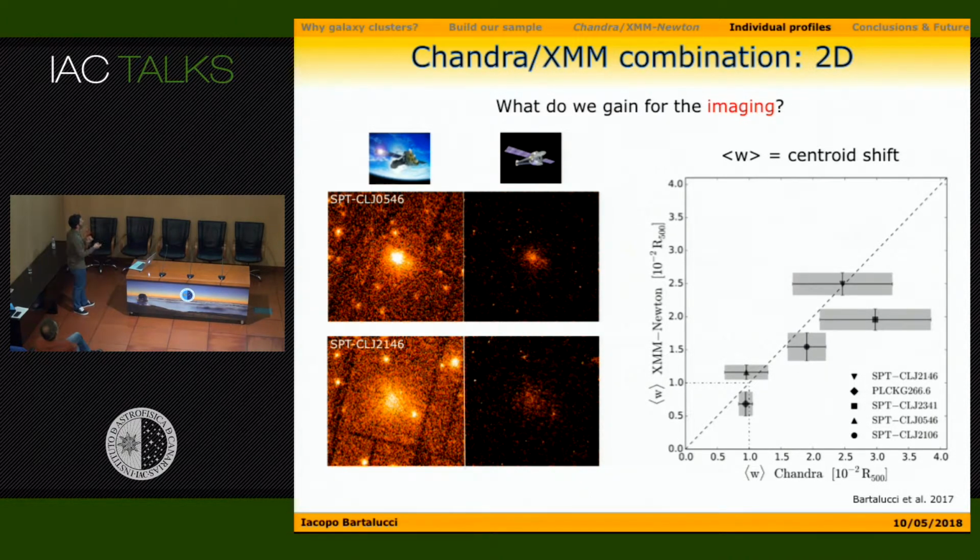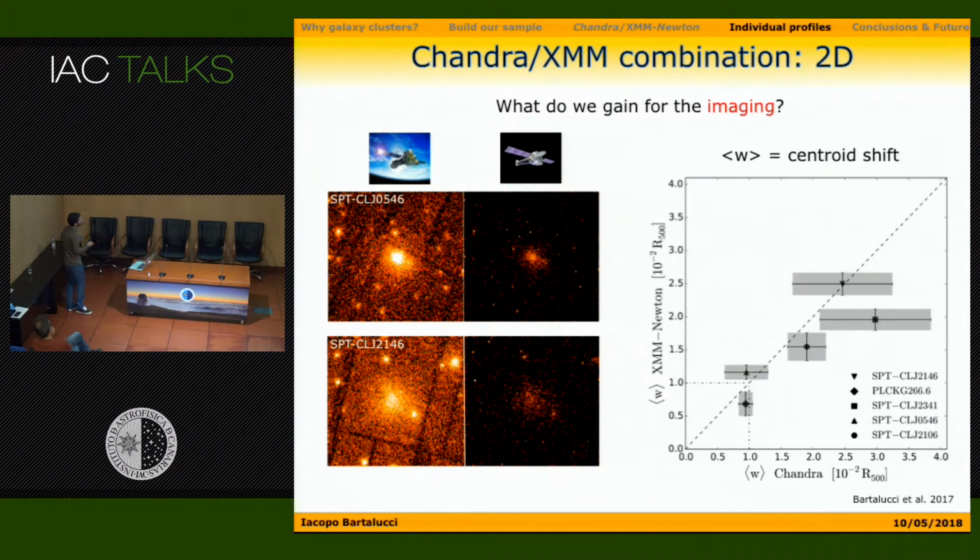So what we have done is to measure the centroid shift and compare the measurements. What you see here is that 4 of the objects are classified as disturbed because they are greater than 1. There are some criteria that have been tested to say that if the centroid shift is greater than 1, then the cluster is disturbed. So first of all, we see that the galaxy clusters that we are looking at are all disturbed, so they are all undergoing some merging processes.